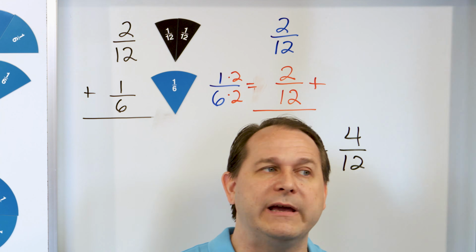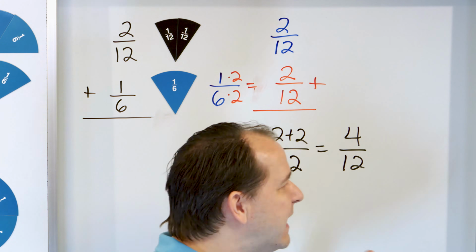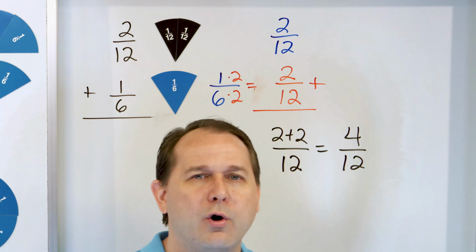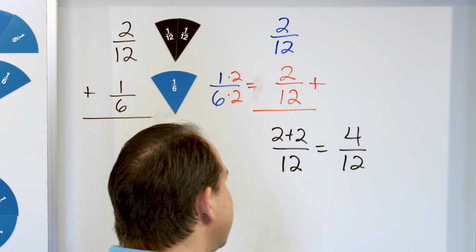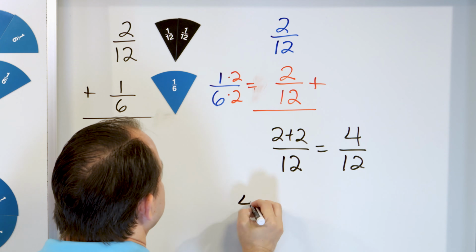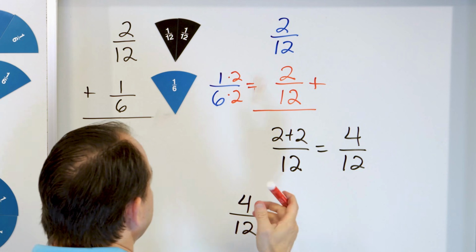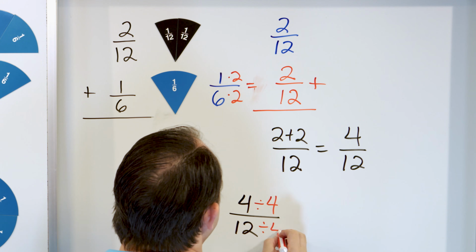Divide by 2, I'll get some other fraction, but then I'll see that I can divide it by 2 again. But then I notice, instead of dividing by 2, I can divide both of these by 4. You always save a little time if you can pick the largest number you can think of to divide by. So I have here 4/12. I will divide the top and the bottom both. I will divide the top by 4, and I will divide the bottom by 4 also.